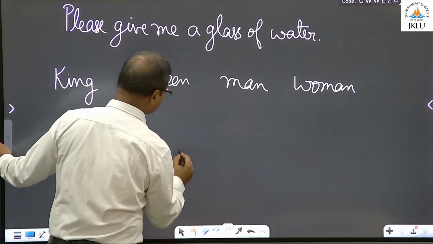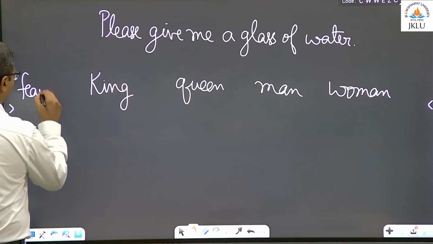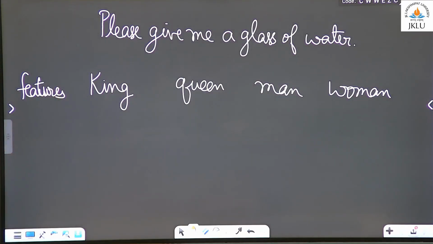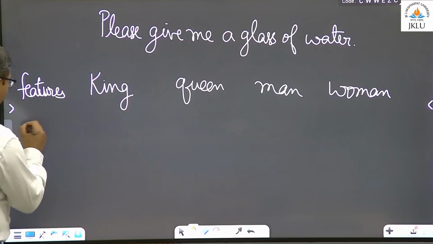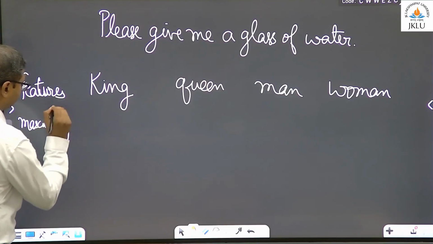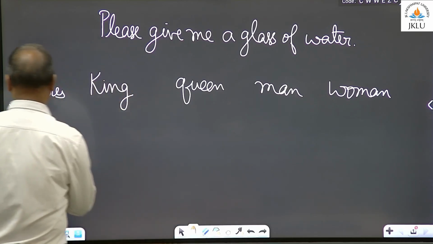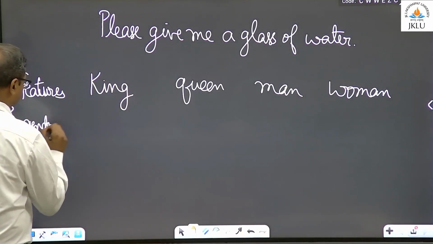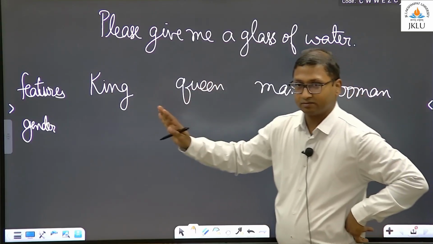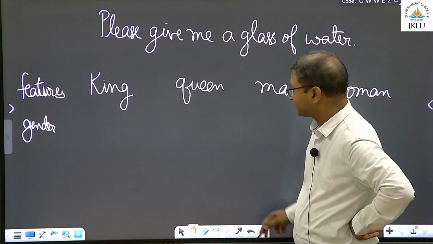Here I have my features. For example, features can be, let's say, gender. Actually masculinity was better. Okay, but gender.